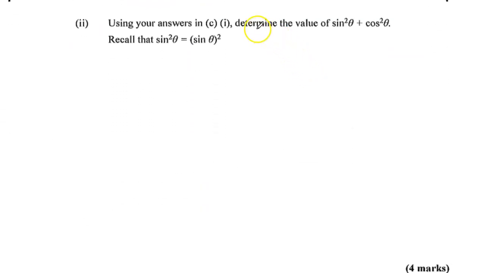Using your answers in C part 1, determine the value of sine squared theta plus cos squared theta. So sine squared theta plus cos squared theta. So sine squared is just sine theta all squared. Likewise, cos squared is cos theta all squared.